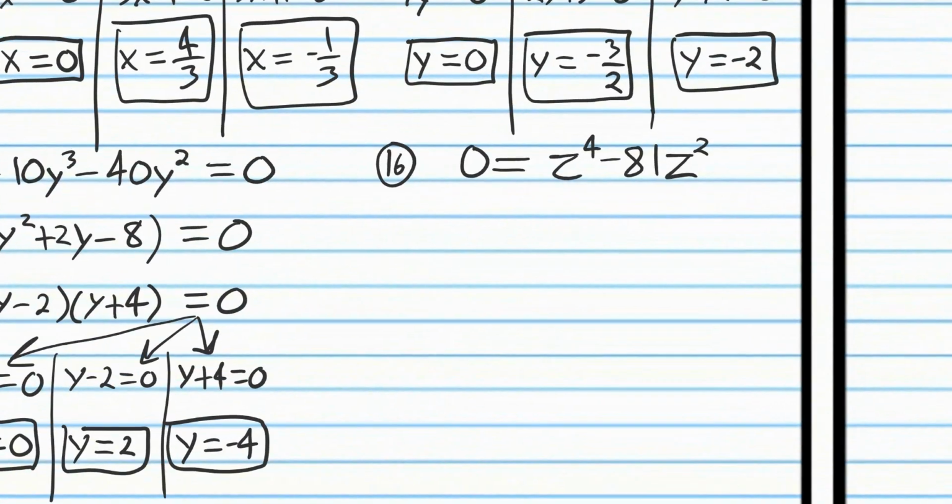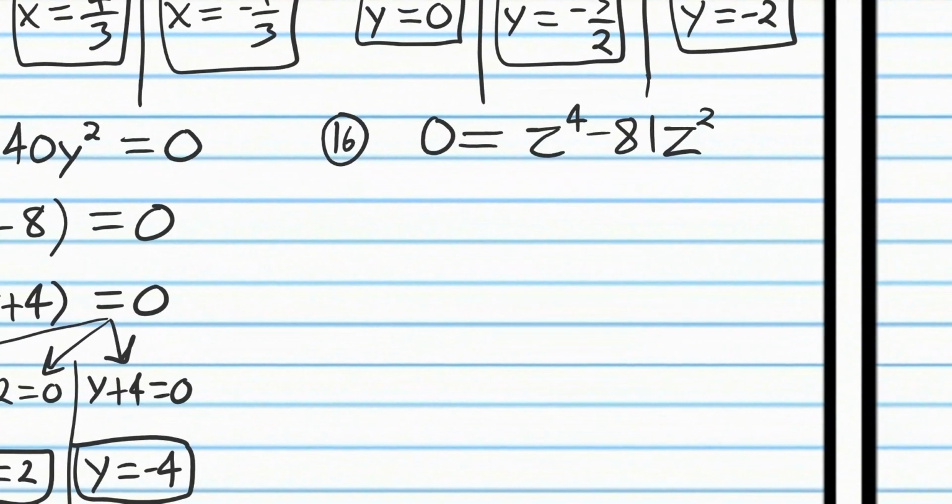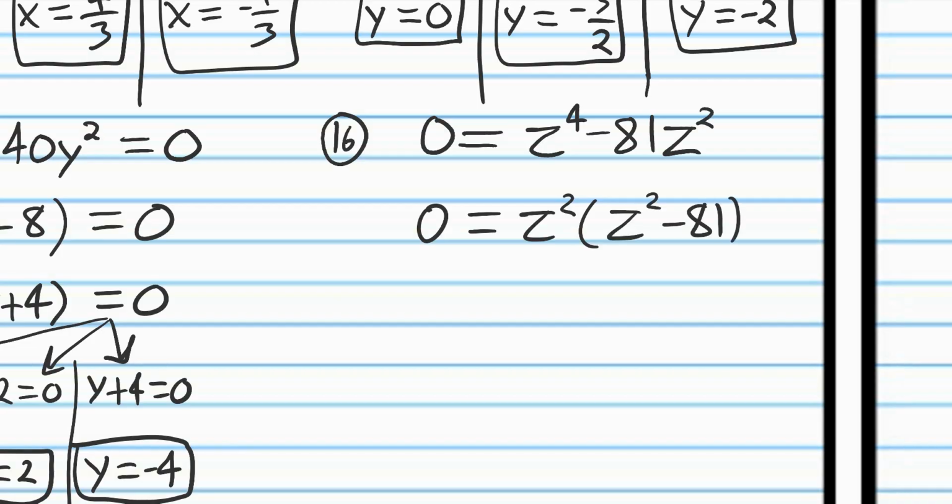Try number 16, and when you come back, we'll do it together. All right, we're back. Factor out a z squared, and you're left with the difference of 2 squares. This is the difference of 2 squares, so we can factor that.